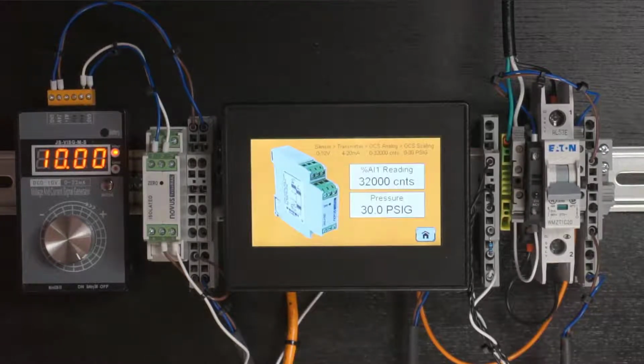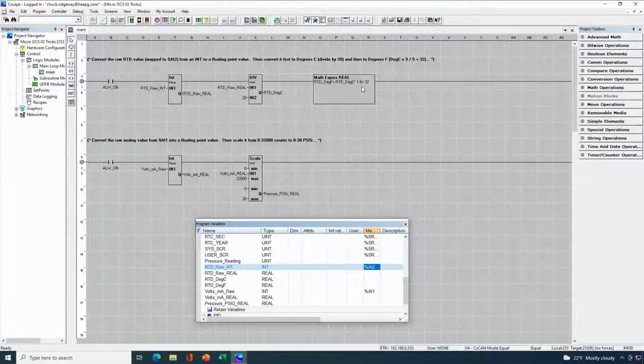Very similar to the RTD, but not exactly. In my second rung here, that's where I'm doing the scaling for this particular transmitter connection. So effectively, again, I start with the straight analog input.